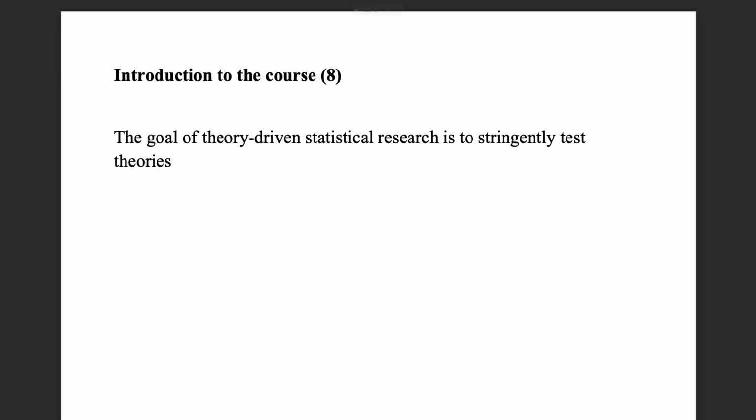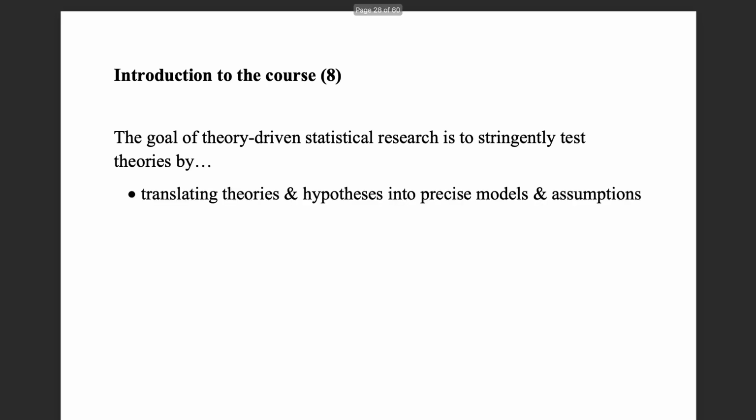So what is the goal then of theory-driven statistical research? So the kind of research and the kind of research methods we talk about in this course. Well, the goal is to try to stringently test our theories, to try to prove these theories wrong. And how do we do that?